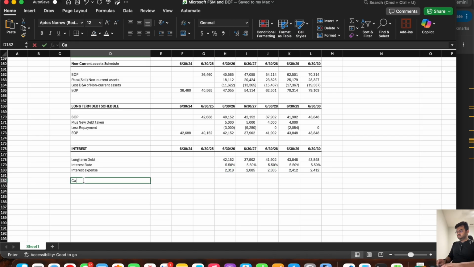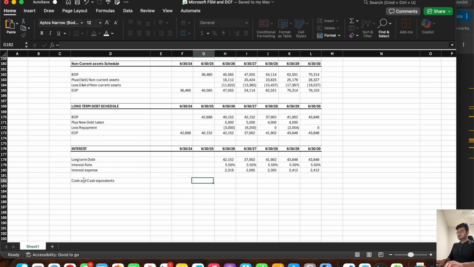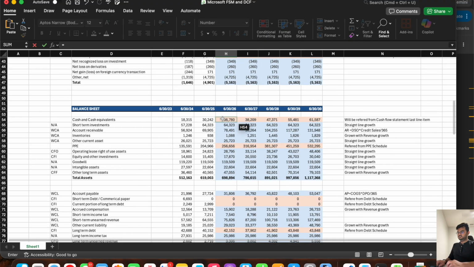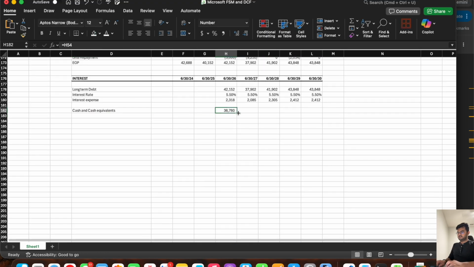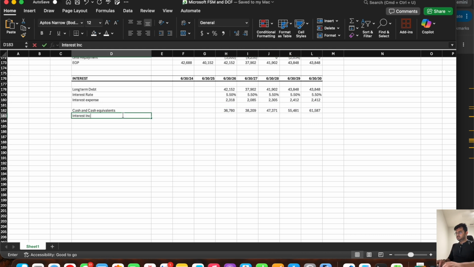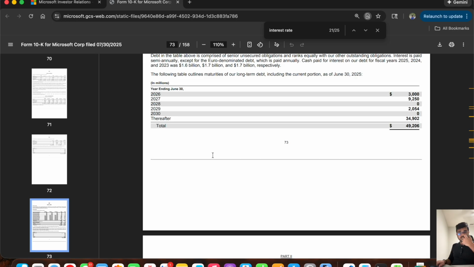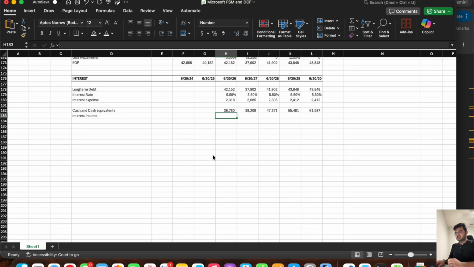Similarly, we need to calculate the interest income. For that, we need to know the cash and cash equivalents, which is from our balance sheet. Now let's put in interest income. I read through the report, and they haven't explicitly mentioned the interest rate they got in recent years.